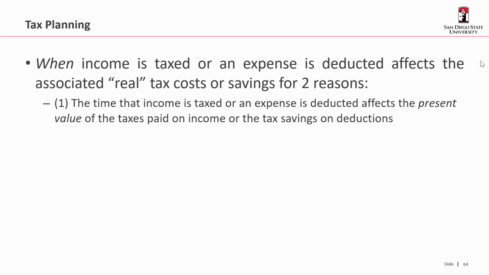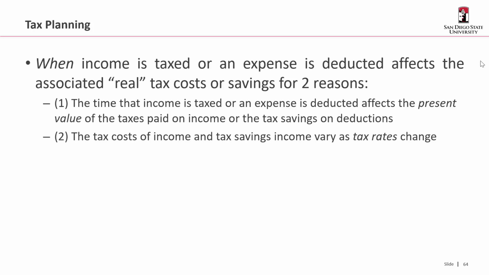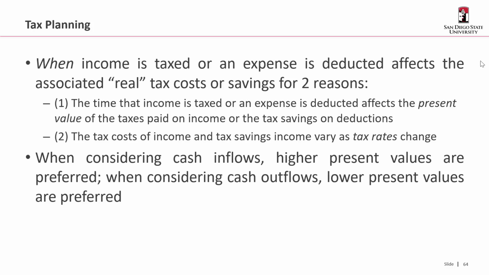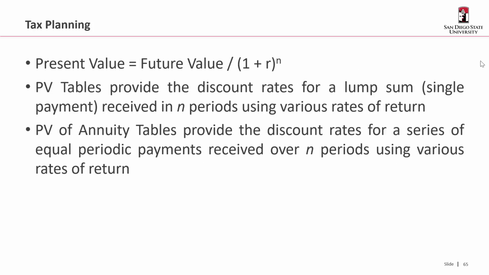Now, technically, there was also a difference in the pre-tax payment, but it was only a day, and so we can kind of wave our hands at a one-day present value difference. The second one is the tax costs of income and tax savings vary as tax rates change. So when considering cash inflows, higher present values are preferred. When considering cash outflows, lower present values are preferred.